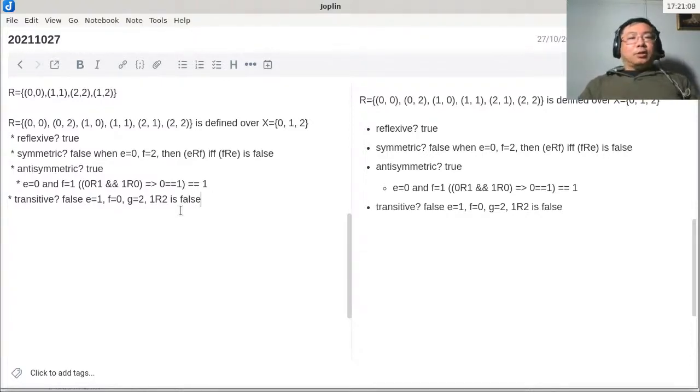I should say 1 R 2 is false. 1 does not relate to 2. Does everybody understand why this particular relation is not transitive? Because 1 R 0 is true, and 0 R 2 is also true, but 1 R 2 is not true. That is why. Yeah, transitive can be a tricky one.